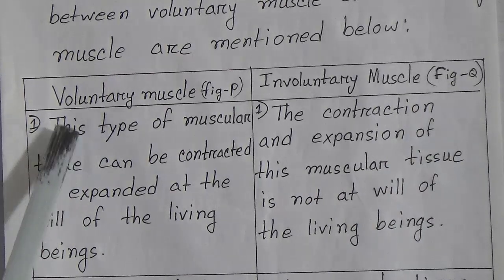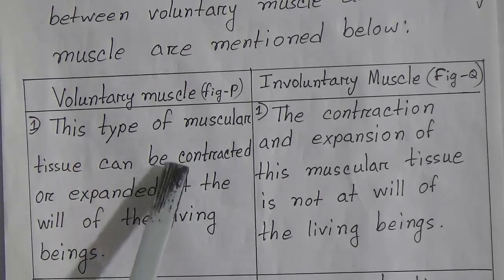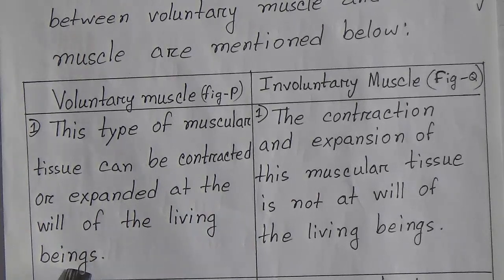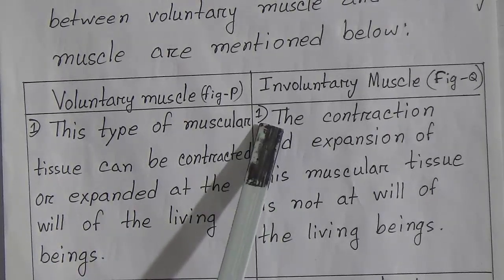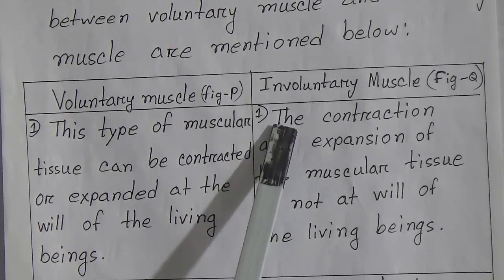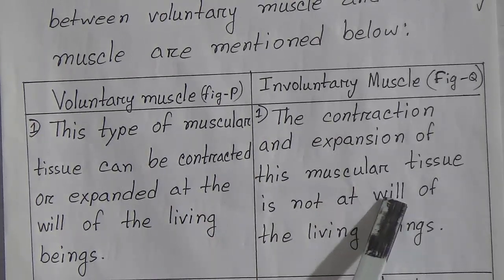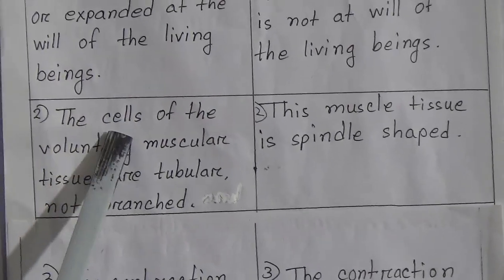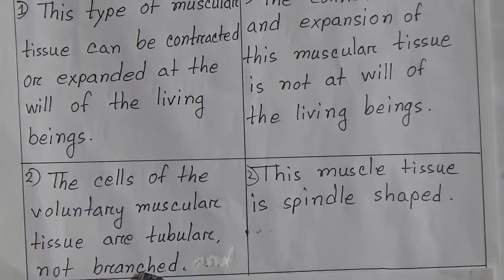Voluntary muscle, point 1: this type of muscular tissue can be contracted or expanded at the will of the living beings. That means we can move this according to our will. Involuntary muscle, point 1: the contraction and expansion of this muscular tissue is not at the will of the living beings. Point 2: the cells of the voluntary muscular tissue are tubular, not branched.